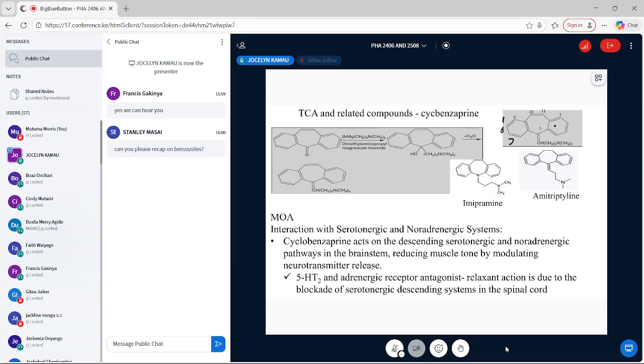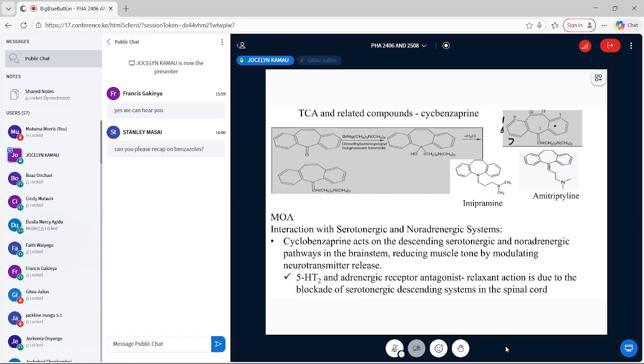So when you look at protriptyline now, the double bond is there. Protriptyline has a double bond here, and it has a carbon at this point. It does not have a nitrogen, and it also has a single bond at that point.